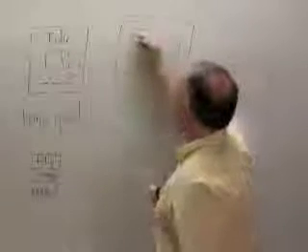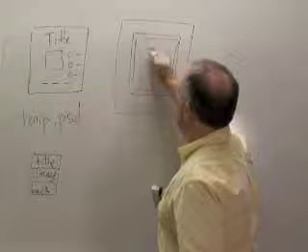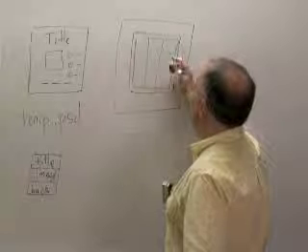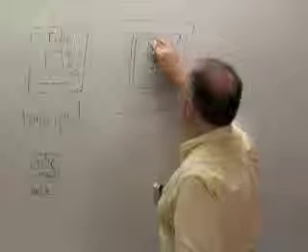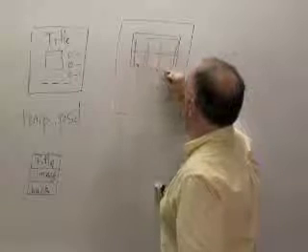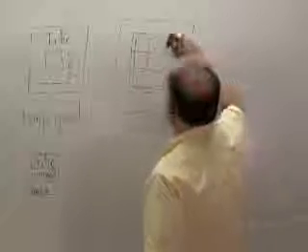So let's insert a table into this table, the other way around, with 1 column and 1, 2, 3 rows.